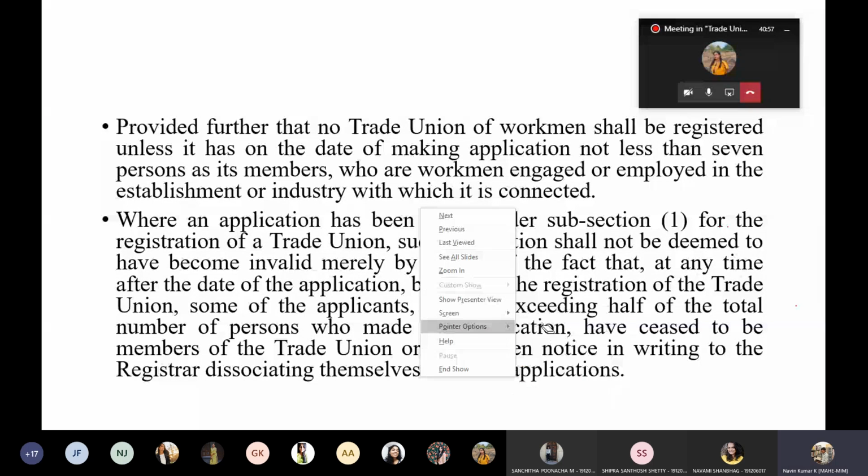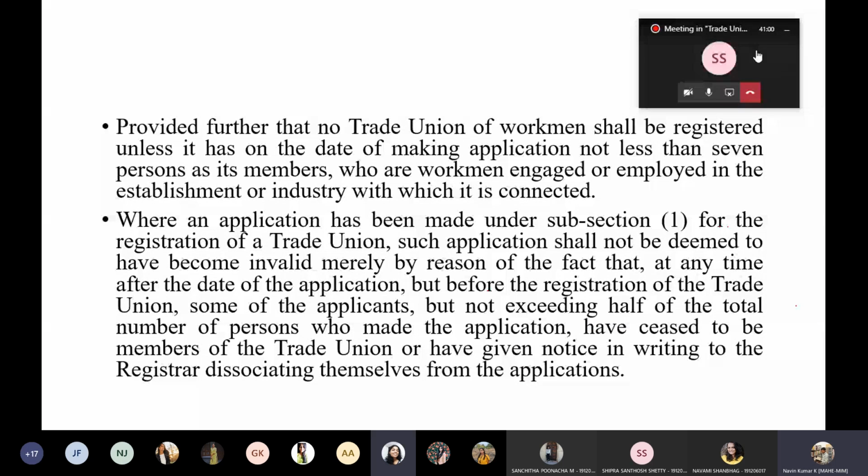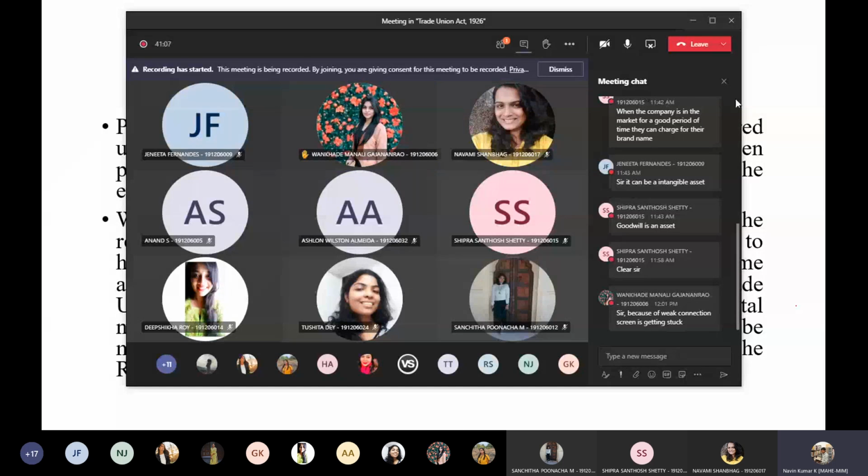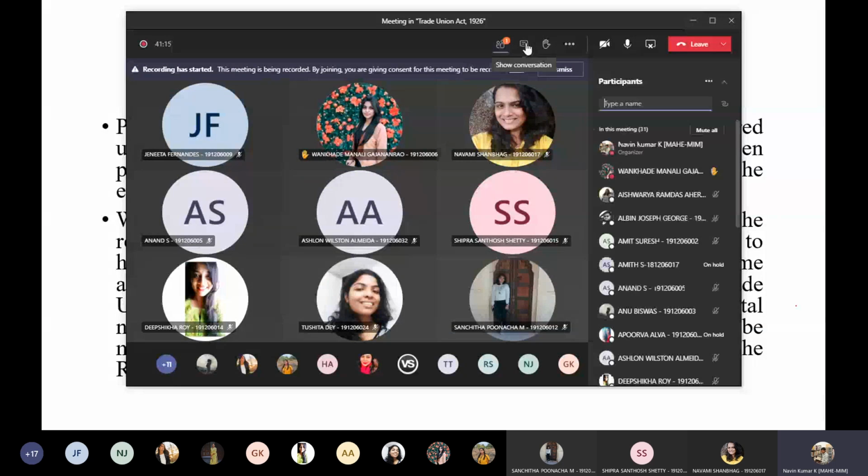I think only a few people are interacting here. There are some people who are not at all interactive, and I think they're not interested. I don't know. Personally, I don't entertain such kind of things. Anand, where are you?